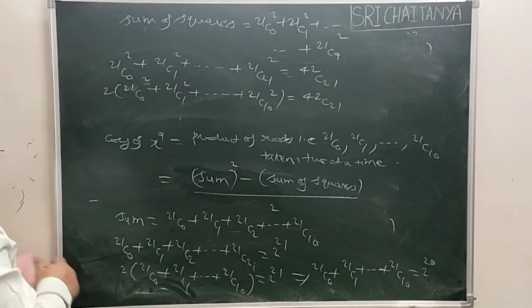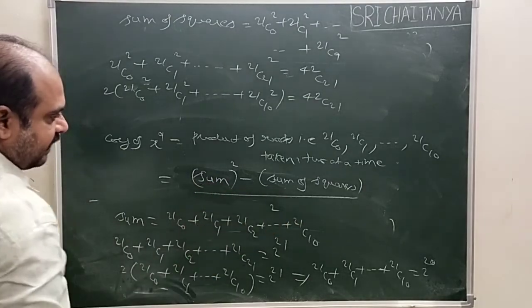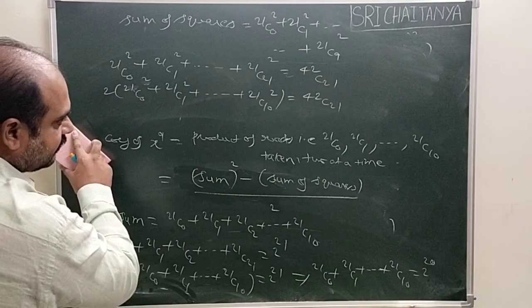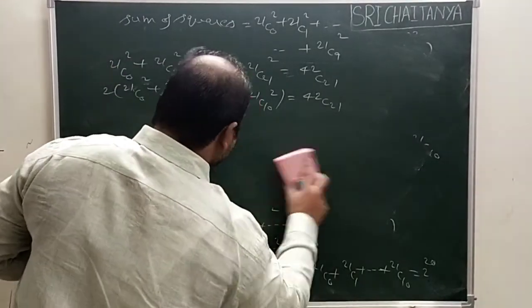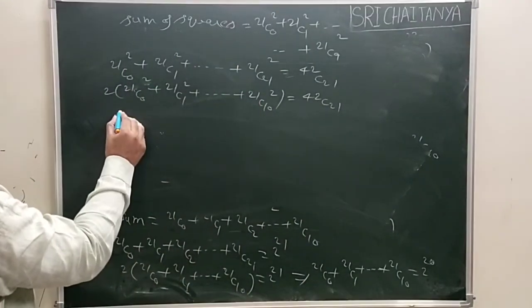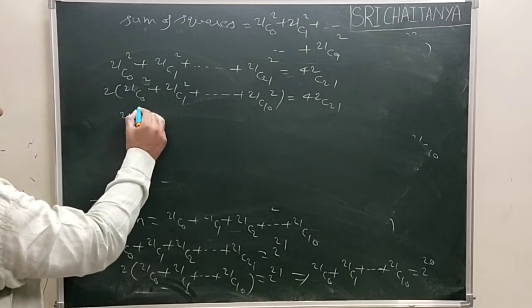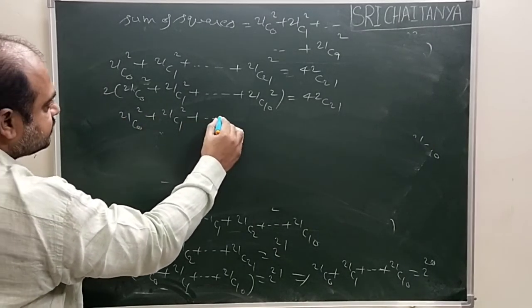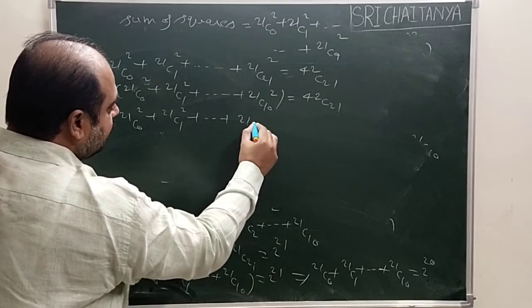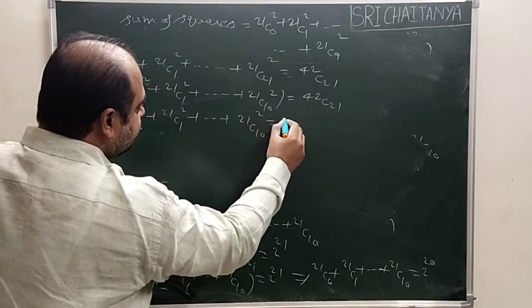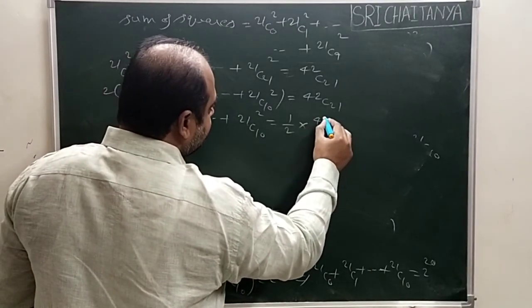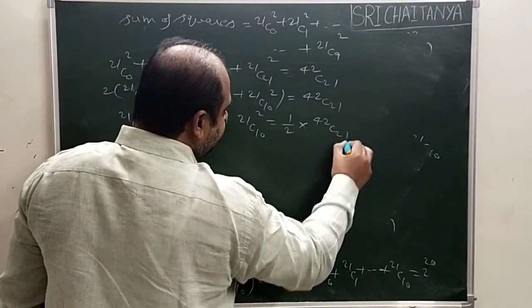I am further simplifying this. So our required coefficient of x power 9 is this. Therefore 21C0 square plus 21C1 square and so on up to 21C10 square equals 1 by 2 into 42C21.